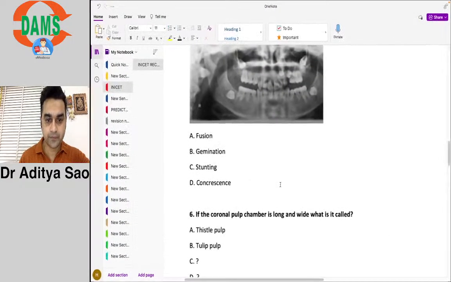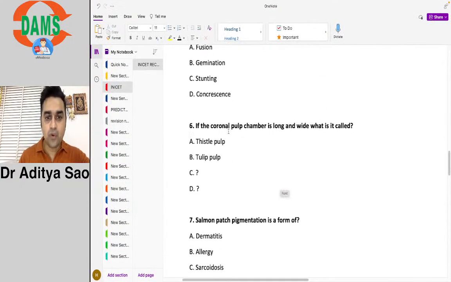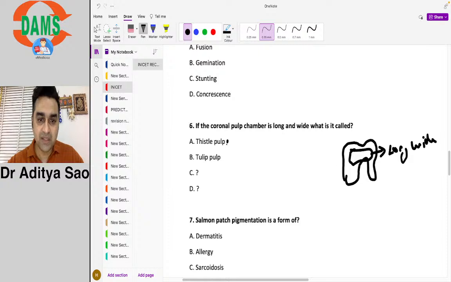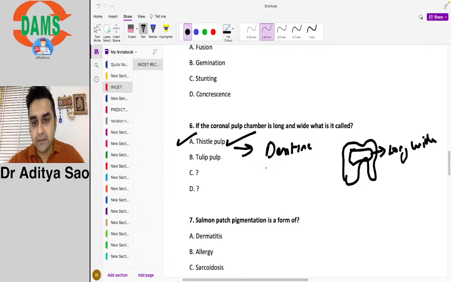Next, if the coronal pulp chamber is long and wide, what is it called? Basically, this area is your coronal pulp chamber. When this area is long and wide, what do we call it? We call it thistle pulp. And where is this condition seen? This is seen in dentin dysplasia type 2.